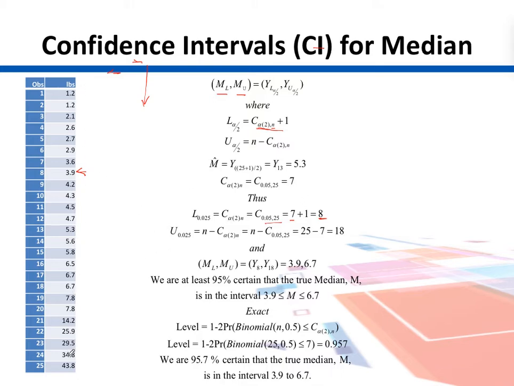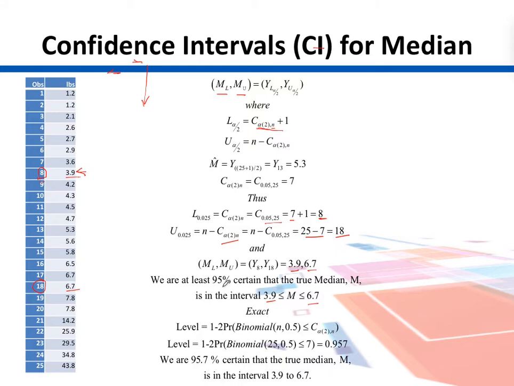So we sort these numbers, and we can see that the 8th number, position number 8, has a value of 3.9, which gives us our lower confidence limit. For the upper, it's n minus C alpha two-sided, n, so that is 25 minus 7, which is the 18th number. The 18th number over here is 6.7. So the confidence interval we construct from this falls between 3.9 as lower and 6.7 as upper.